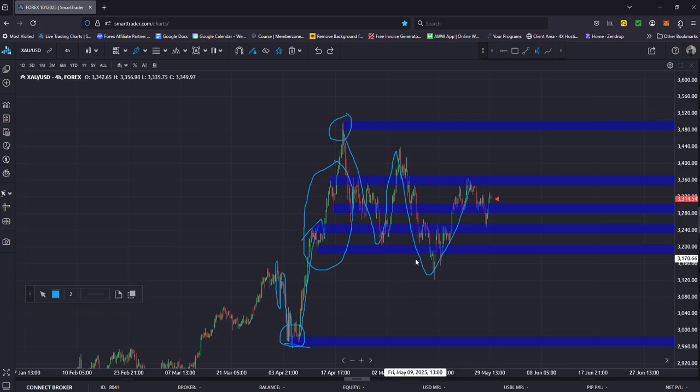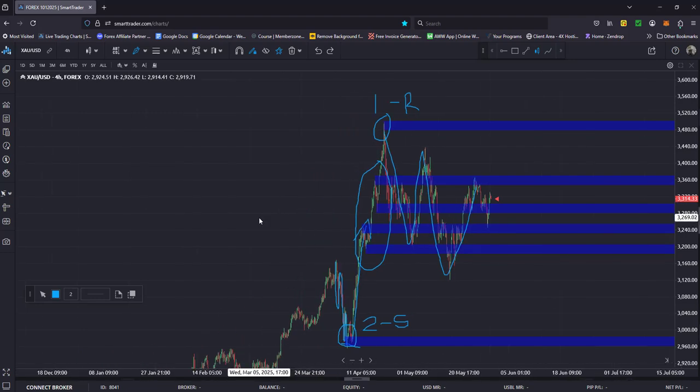And this is where we're at. So this area here, area 1, would be our current resistance level, and area 2 here would be our support level. So that's how support and resistance work.